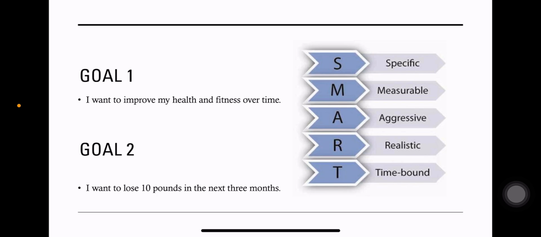And the ones who have difficult goals will take it as a challenge and will try to achieve it, and it would also motivate them because it's challenging to achieve. So you have to set your goals difficult rather than easy ones. In goal 2, it's difficult to lose 10 pounds in 3 months, but it is challenging. That is what motivates you to achieve it.